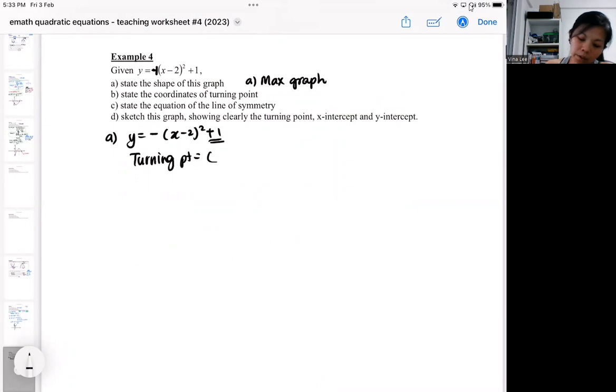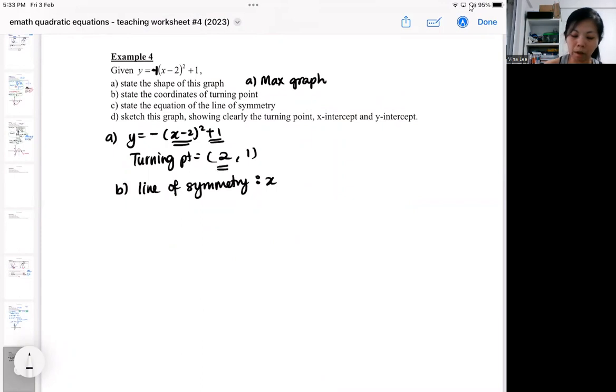This is the y coordinate. You set this to 0, you will get x equal to 2. So I got my turning point, and when I got my turning point, I also get my line of symmetry. The line of symmetry should correspond to the x-coordinate of the turning point.